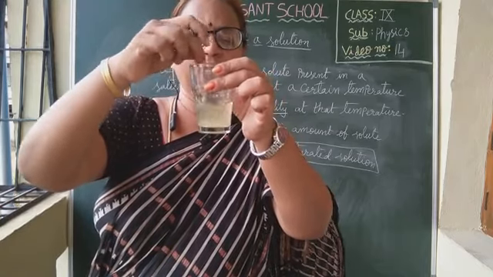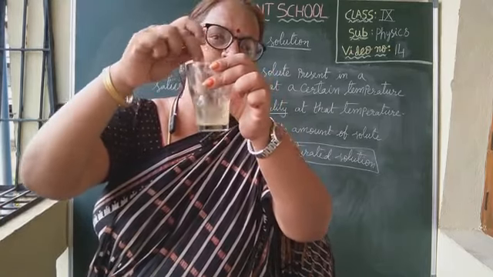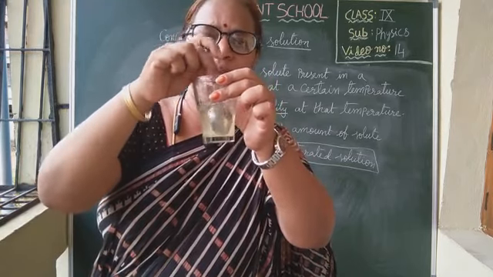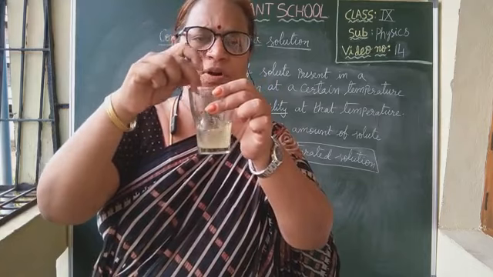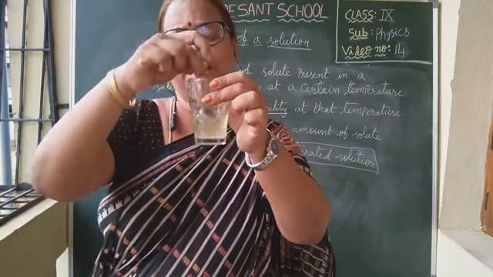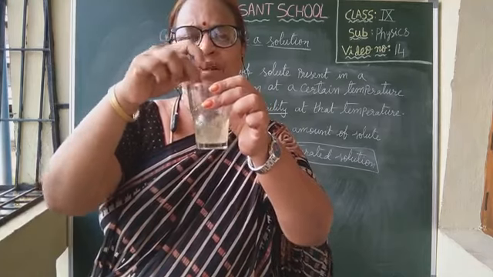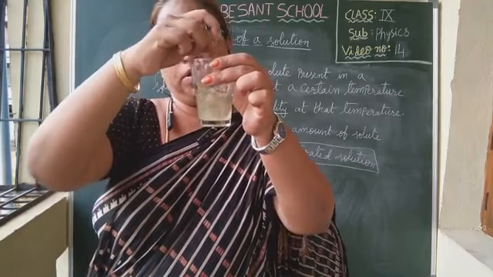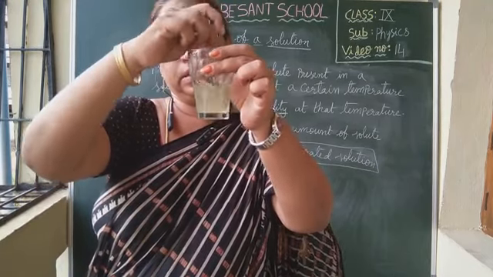That amount of water has only a certain range of capability to dissolve the solute. That is called solubility. So beyond the solubility, if we add sugar, what will happen? It will not get dissolved. No more can dissolve.